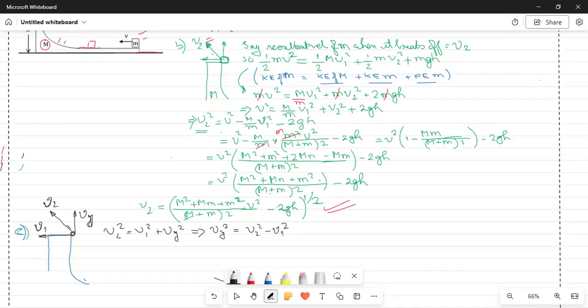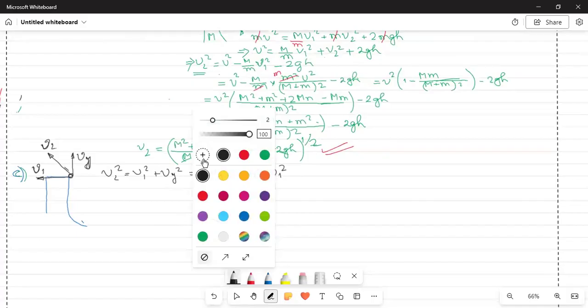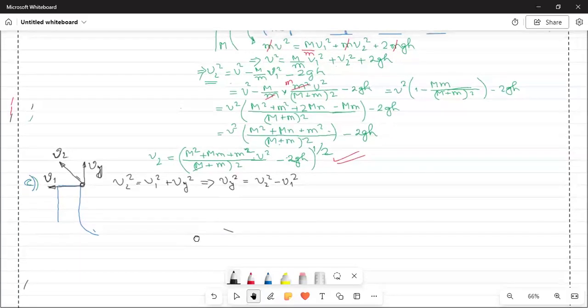Because they want us to find out what height it has reached, in order to find that, I need to find the value of Vy. So we can now find the value of Vy in this fashion: Vy square is equal to V2 square minus V1 square.